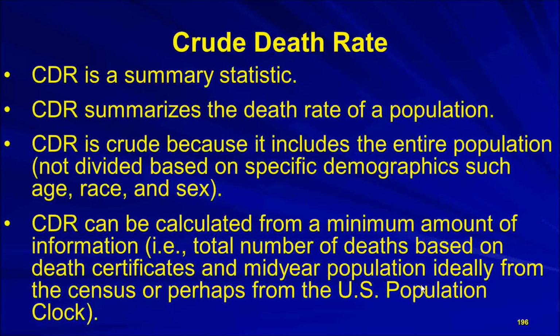The nice thing about a crude rate, even though it's crude and it doesn't follow the mathematical principles you're usually aware of, is that it can be calculated with minimal information. Here we have a document that says somebody has died, and you can order a death certificate from the county health department.